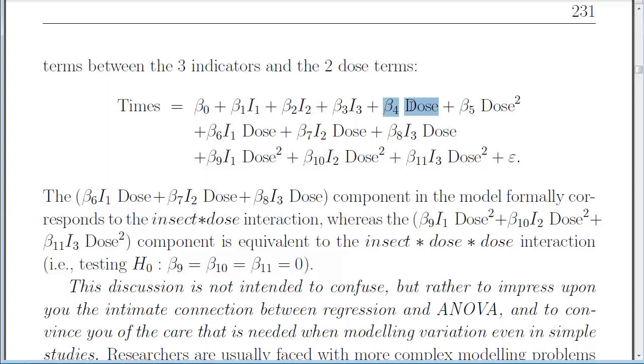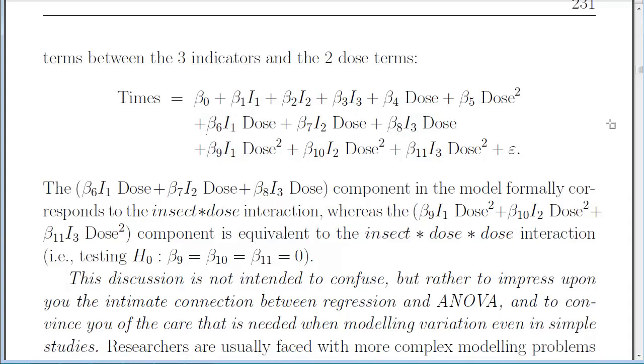Then we've got dose, so beta 4 dose and beta 6 I1 dose. If you add beta 4 and beta 6, that is the slope term for dose for that second insecticide. And then we have beta 5 dose squared plus beta 9 I1 dose squared. So beta 5 plus beta 9 is the quadratic term for that second insecticide. And you can go through that for I2 and I3 as well and get different regression equations for each. So you've got a different parabola for each insecticide.